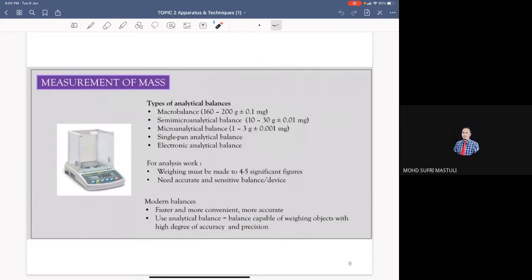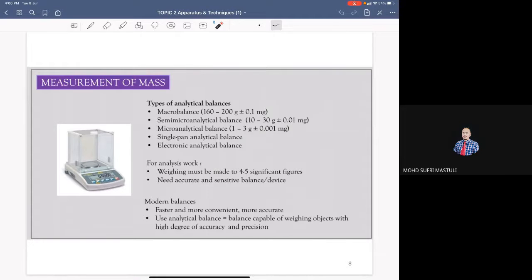Specifically, for the types of analytical balance, we can have macro balance, semi-macro analytical balance, micro analytical balance, single pan analytical balance, as well as electronic analytical balance.